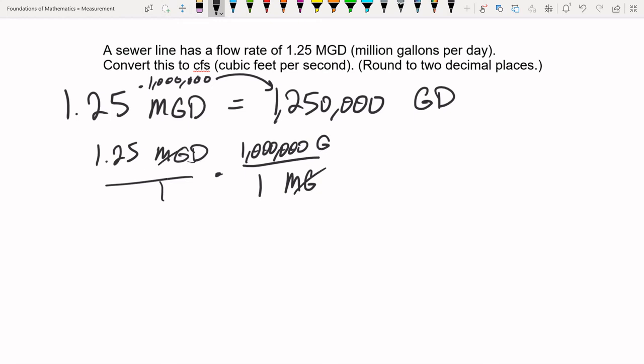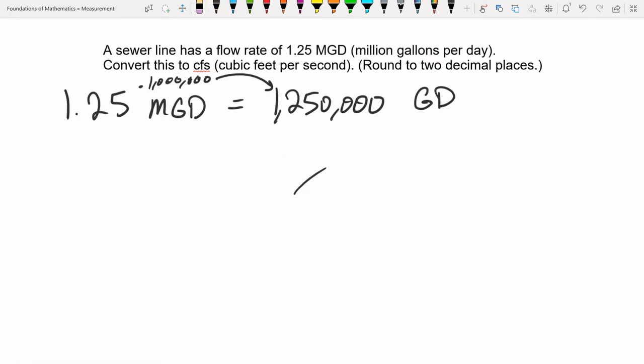That's why I didn't really write it out like this. It's quite a simple conversion. It's just a way of using smaller numbers. They typically do that by moving the decimal point to make it 1.25 rather than 1,250,000. 1.25 is much easier to work with.